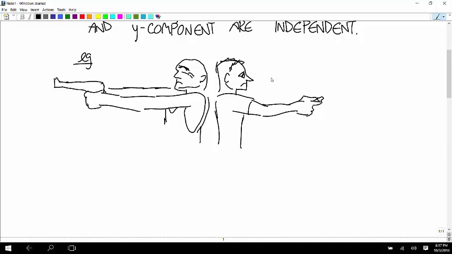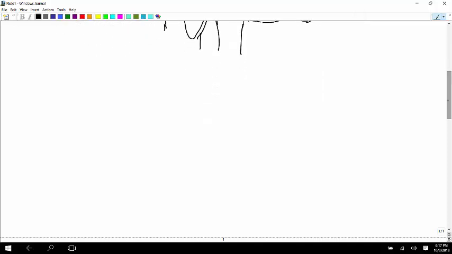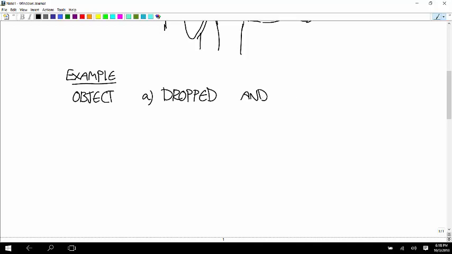Okay, so let's do the calculation of this. And we'll see from this calculation why it is that these two cases work exactly the same. So the example, let's say that an object is first dropped, and second shot horizontally.